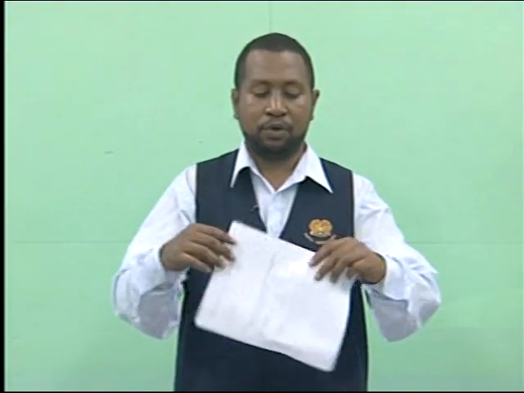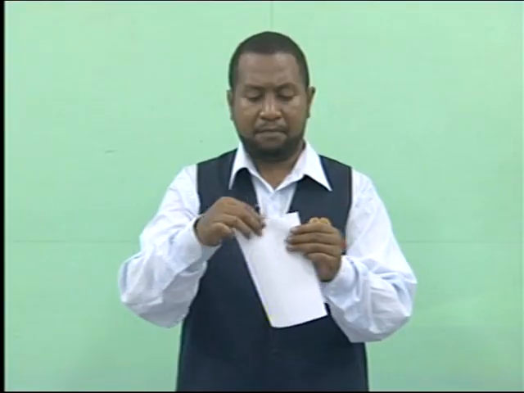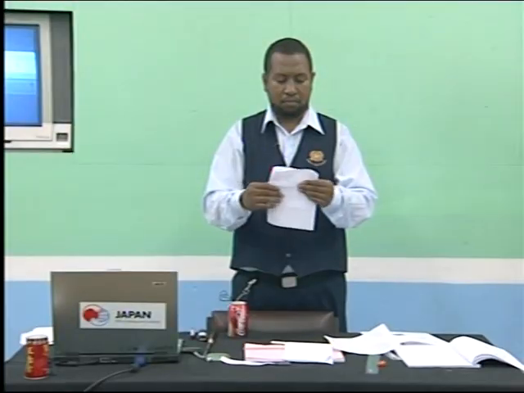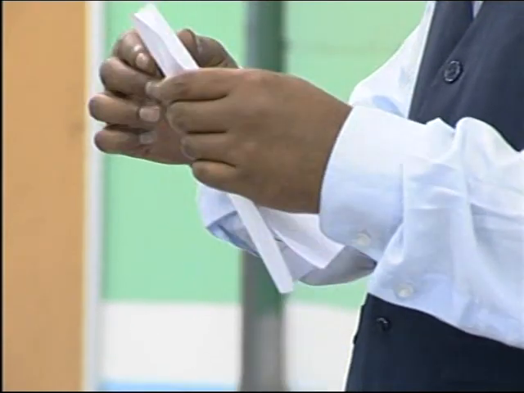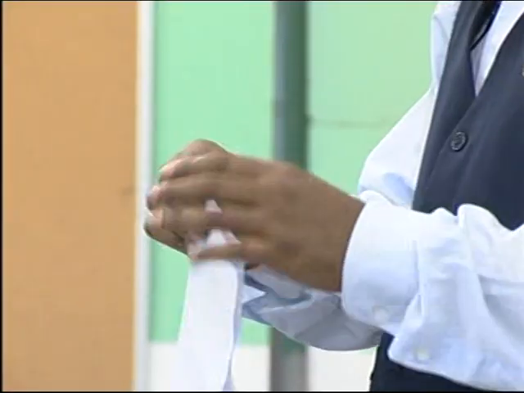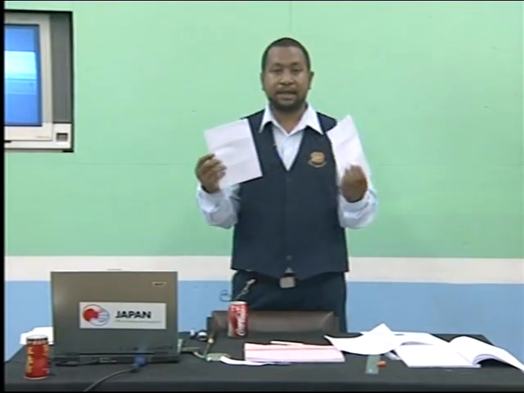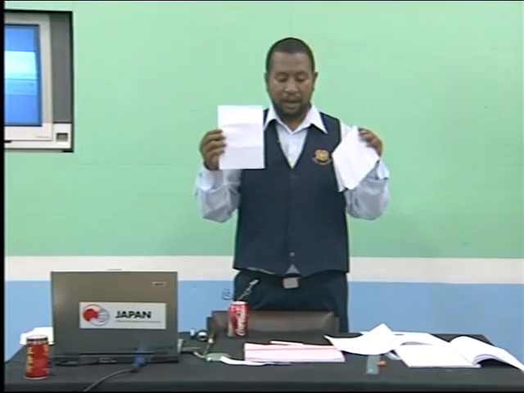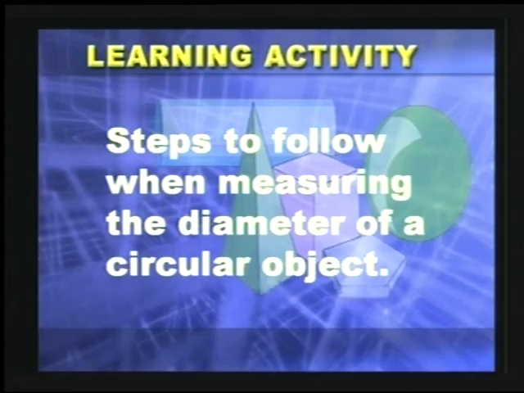So you should have two. Now you should have those two papers folded like this. Have them ready. Now, let's look at the steps when measuring the diameter of these two objects.